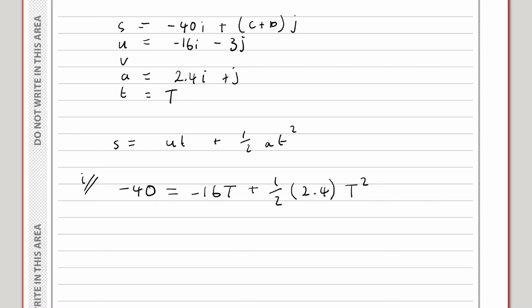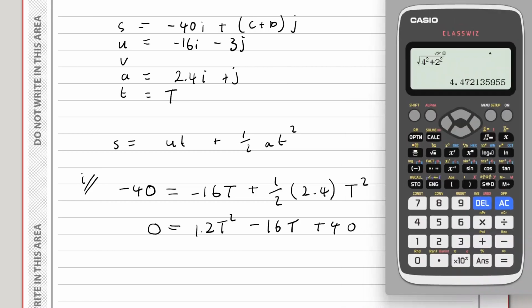So we've got a quadratic, we'll make it equal to 0. So we have 1.2t squared minus 16t plus 40 equals 0. And we will just type it into the calculator to solve the quadratic. 1.2, negative 16, 40. So we get 10 or 10/3.